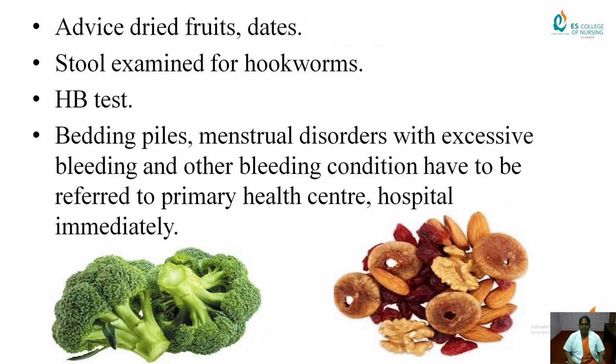Advise dried fruits and dates, so it will provide more iron. Examine stool for hookworms. A monthly hemoglobin test should be taken. Bleeding piles, menstrual disorders with excessive bleeding and other bleeding conditions have to be referred to the primary health center and hospital immediately for follow-up.